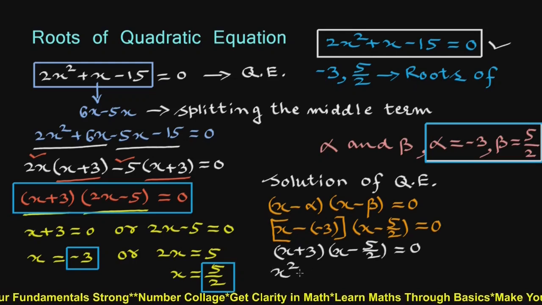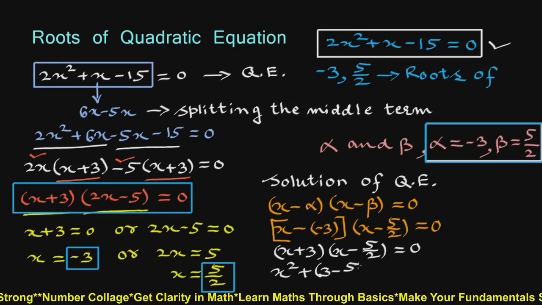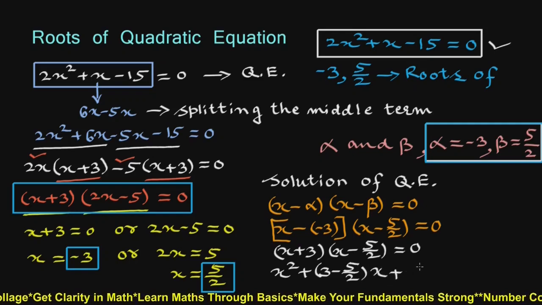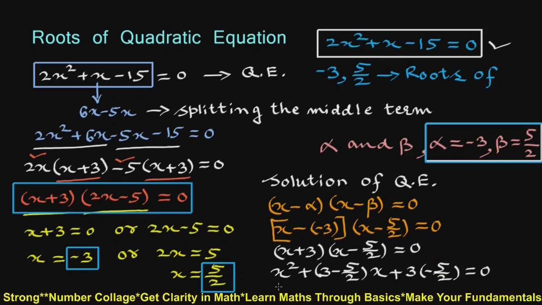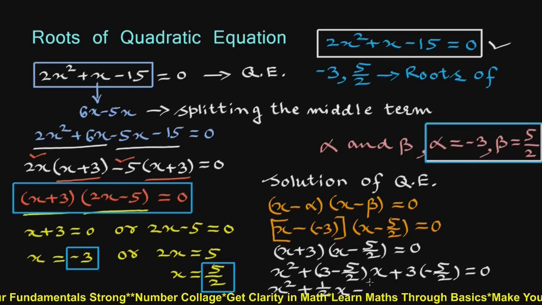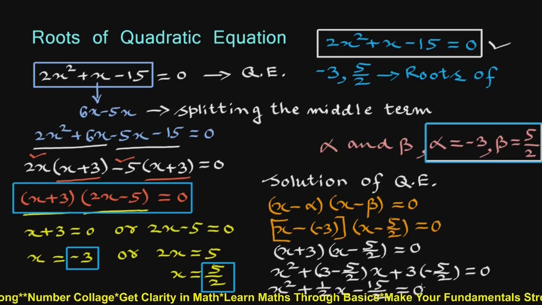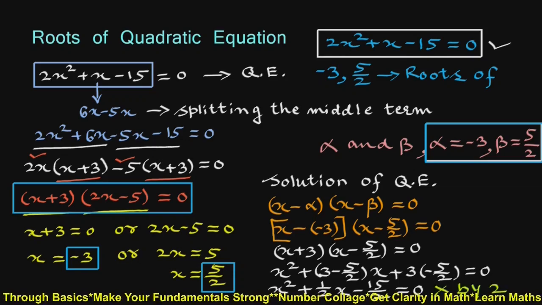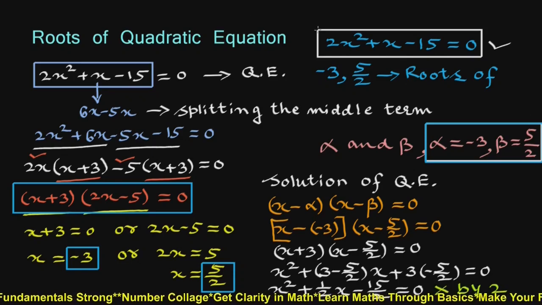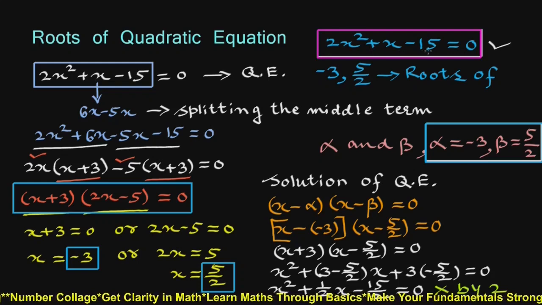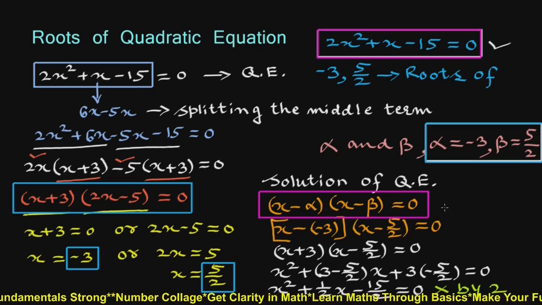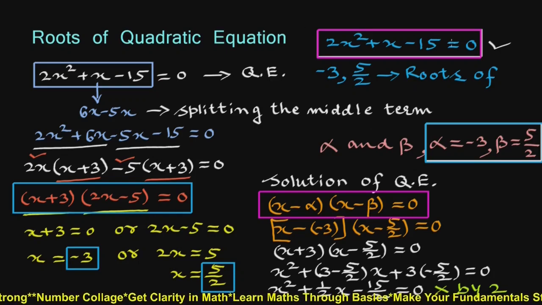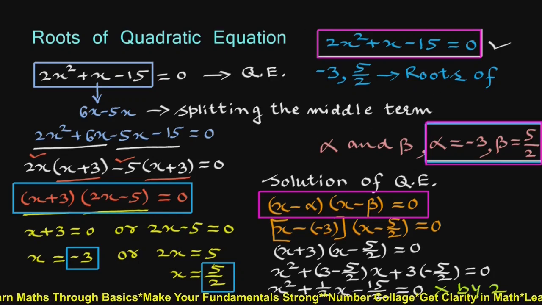That will be x² + (3 − 5/2)x + 3(−5/2) = 0. That will be x² + (1/2)x − 15/2 = 0. Now multiplying throughout by 2, we get the original quadratic equation 2x² + x − 15 = 0. So by using (x − alpha)(x − beta) = 0, we can construct a quadratic equation from the given roots alpha and beta.